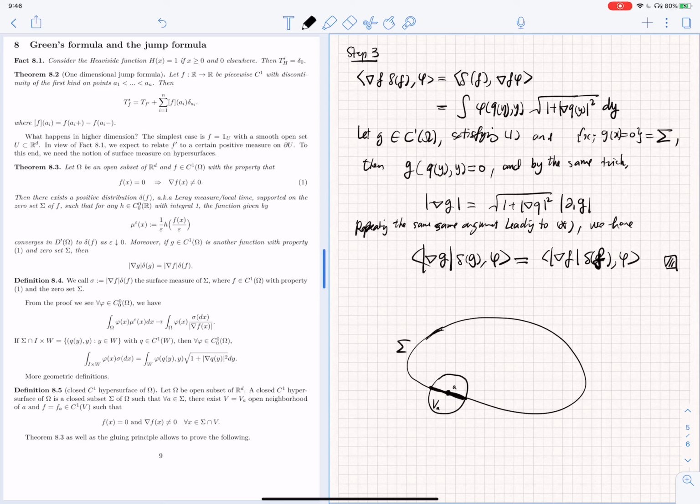So in other words, it vanishes on this curve in here, and the gradient at the point doesn't vanish.